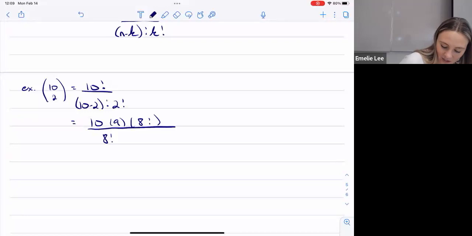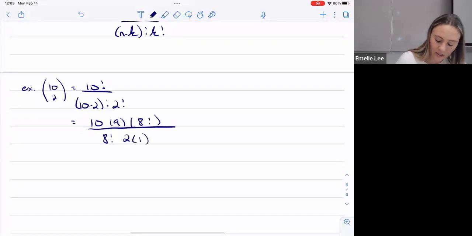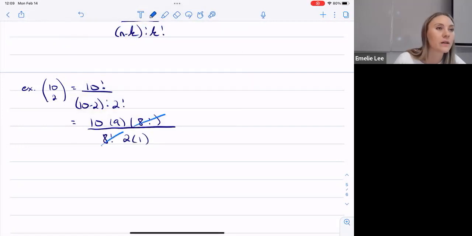So that's the sneaky trick, 2 times 1, which is just 2, right? So then I'm able to cancel this here. And now I just have 10 times 9 divided by 2 times 1. It's not always that breezy, but that's just the trick that you would use.